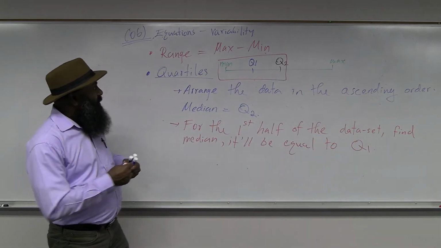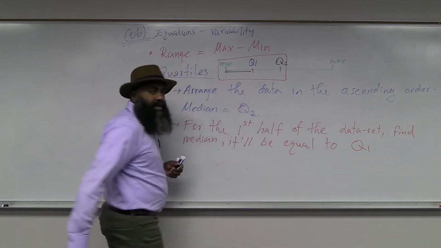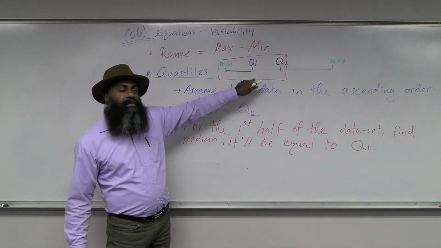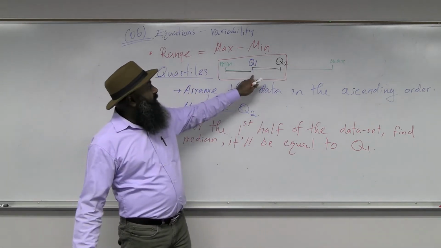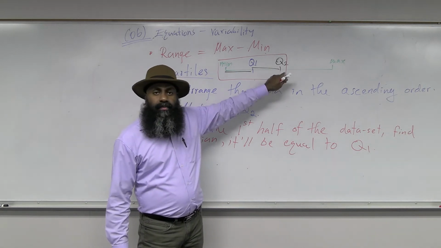Of course, we say the first quartile is all the numbers from the minimum to this point, and Q1 stands for the end point of the first quartile. And the second quartile is all the numbers between these two, and this end point is called Q2.